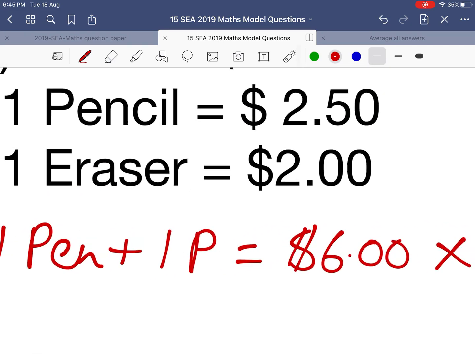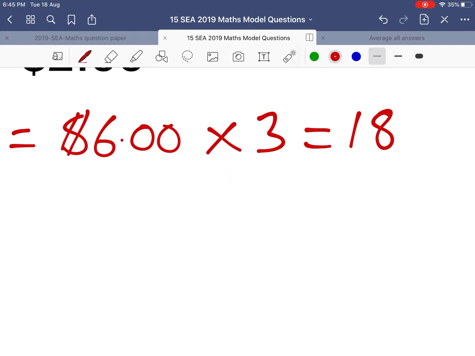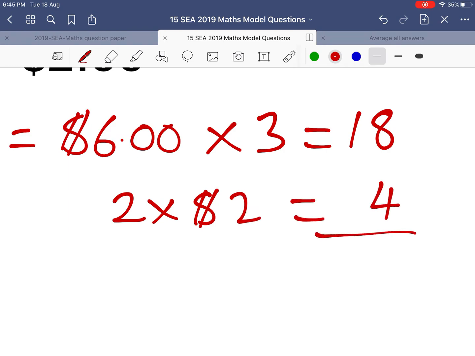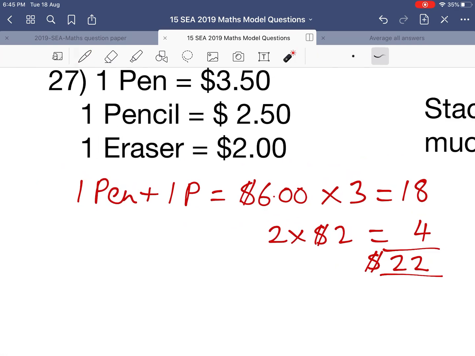We know the cost of an eraser is $2. So 2 erasers, 2 times 2 will give us 4. So if we add 2 erasers, we will get a total of $22. So the combination is 3 pencils and 3 pens and 2 erasers.